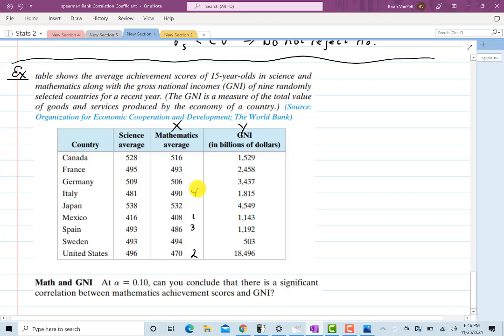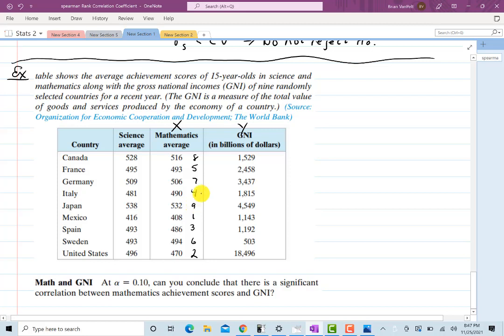After that one, we have 493 is number 5. And then we have 494 is 6. 506 is number 7. 516 is 8. And then 532 will be 9.